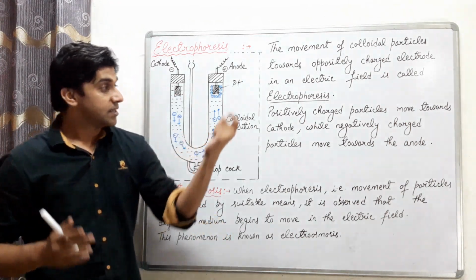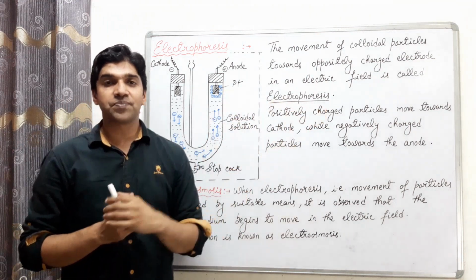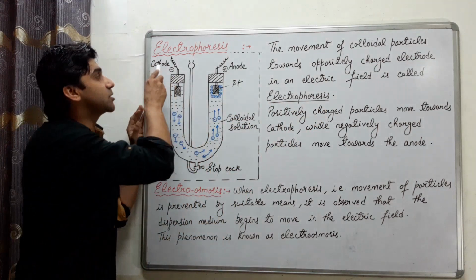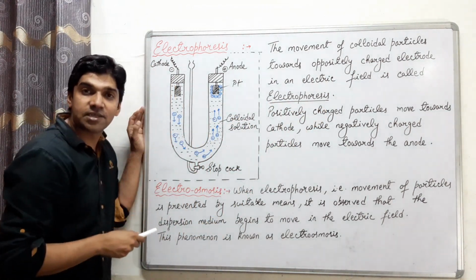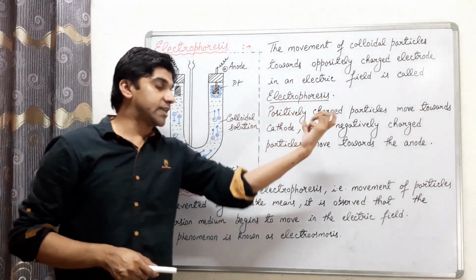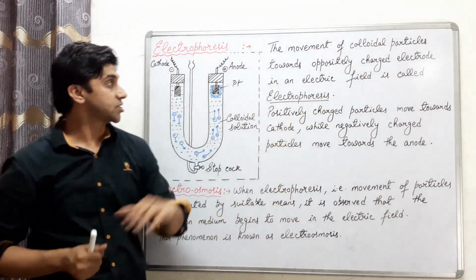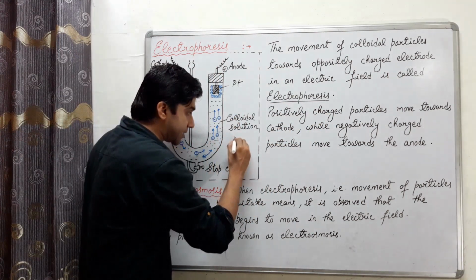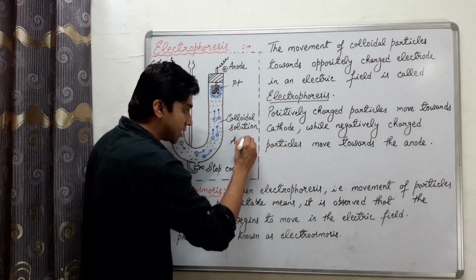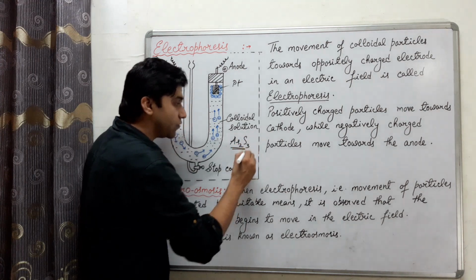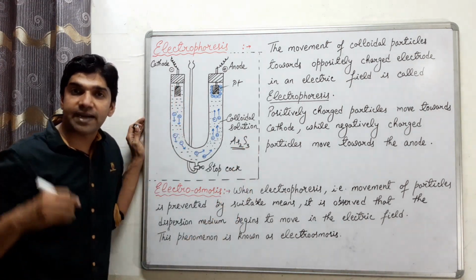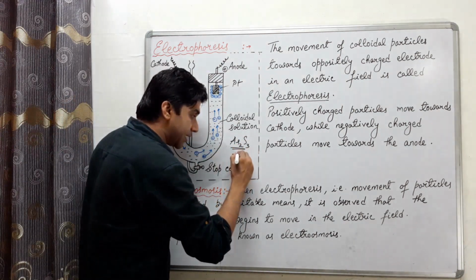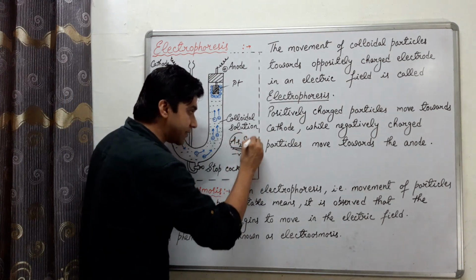So in this case, the positively charged particles will move toward the cathode which is negatively charged, and the negatively charged particles will move towards the anode. Suppose we have taken arsenic sulfide solution. We know that the arsenic sulfide sols are negatively charged.